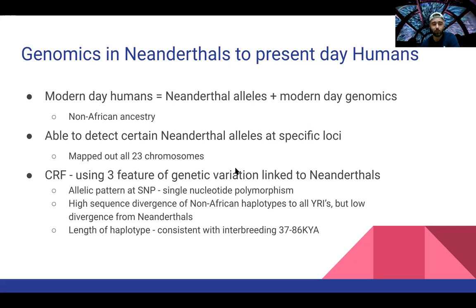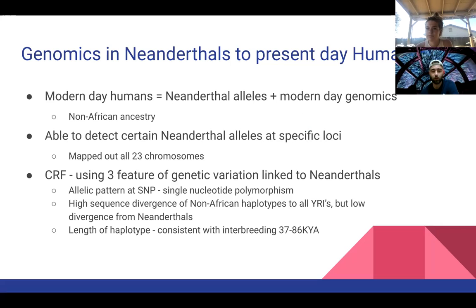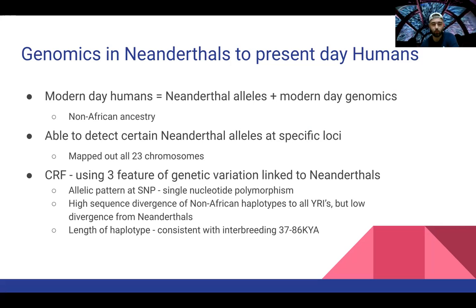And they used a CRF, which is a conditional random field, and they used three features to find genetic variation as it deals with Neanderthals. The first one is the allelic patterns at a single nucleotide polymorphism. Another one is high sequence divergence of non-African haplotypes to all the YRIs, but low divergence from Neanderthals.